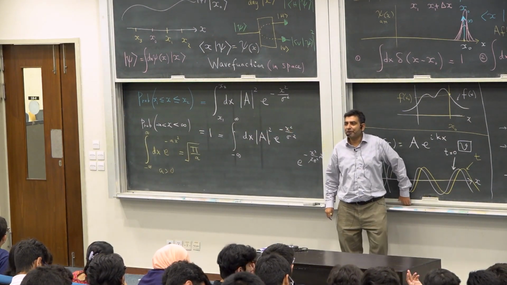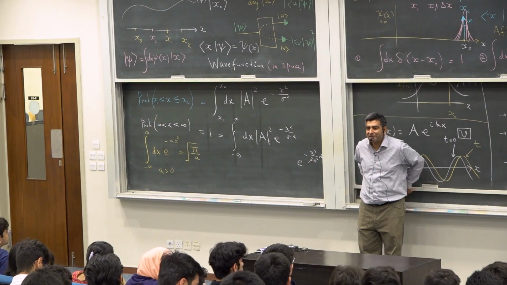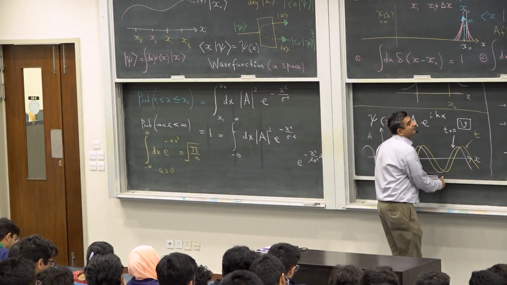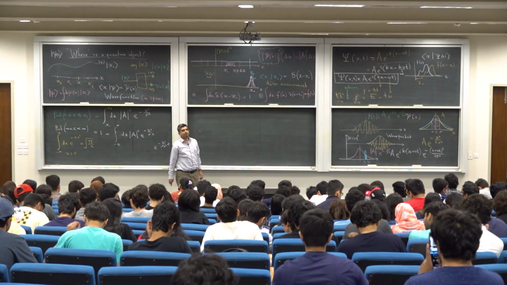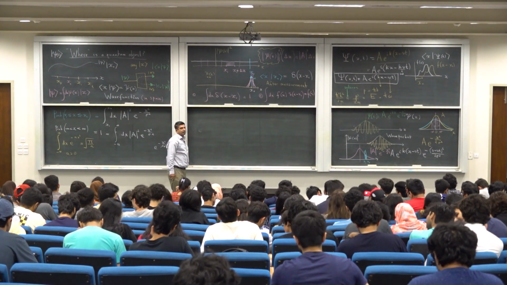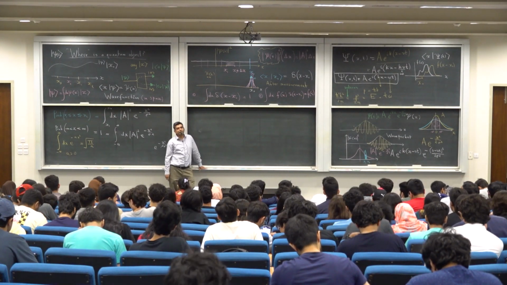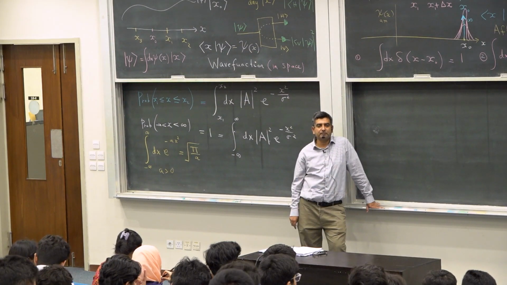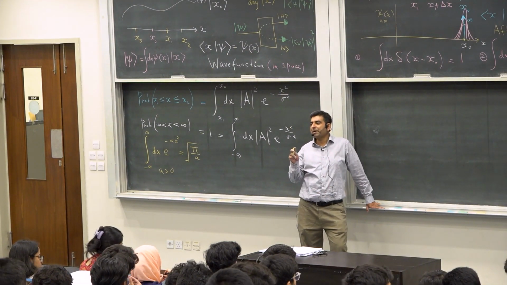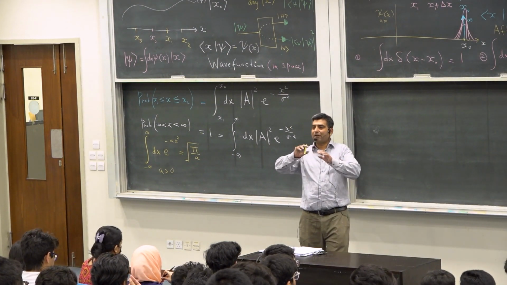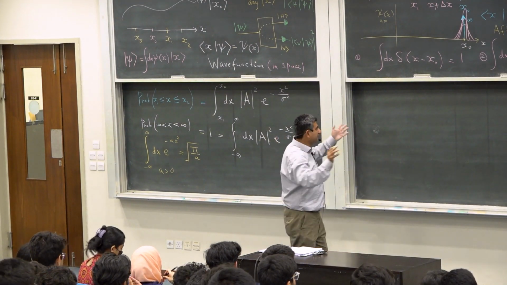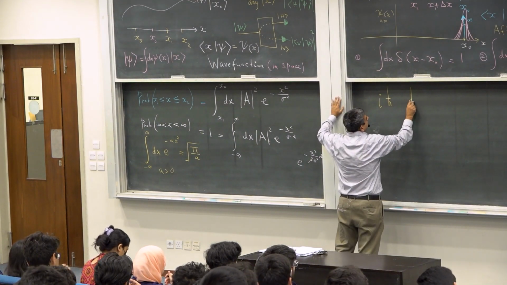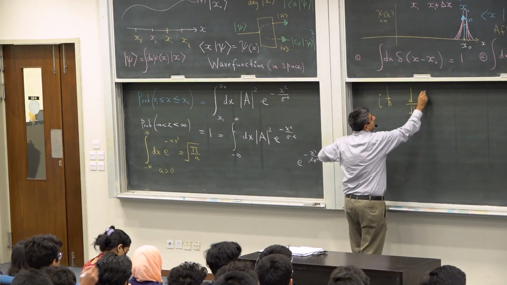Now let's come to the Schrodinger equation. We've already seen the time dependent Schrodinger equation. Let's see other flavors of it. Alright. Let me first write down the time dependent Schrodinger equation: i h bar d by dt of ket psi.